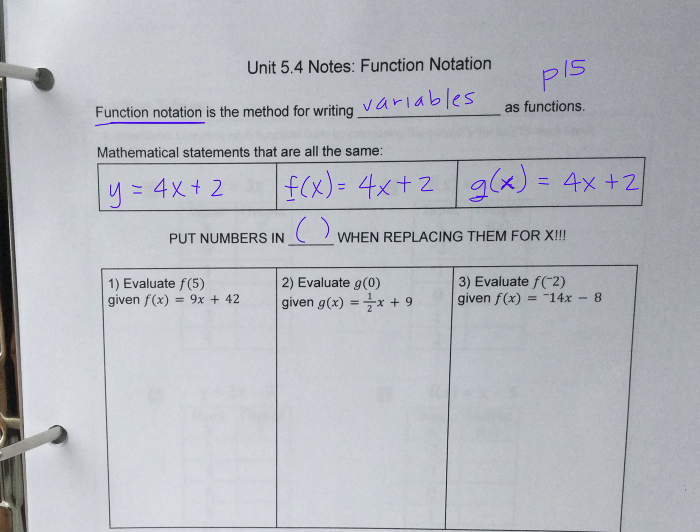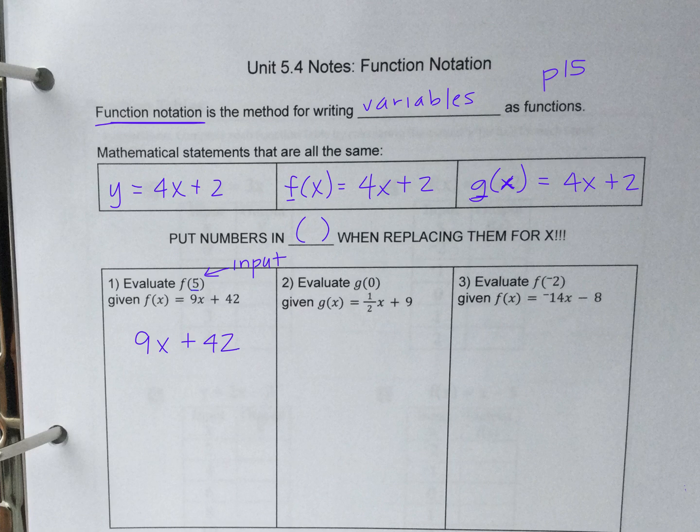So this question says, evaluate the function of 5 given that f of x equals 9x plus 42. All this means is that this 5 right here is my input. So I'm going to write my problem, 9x plus 42. Okay?